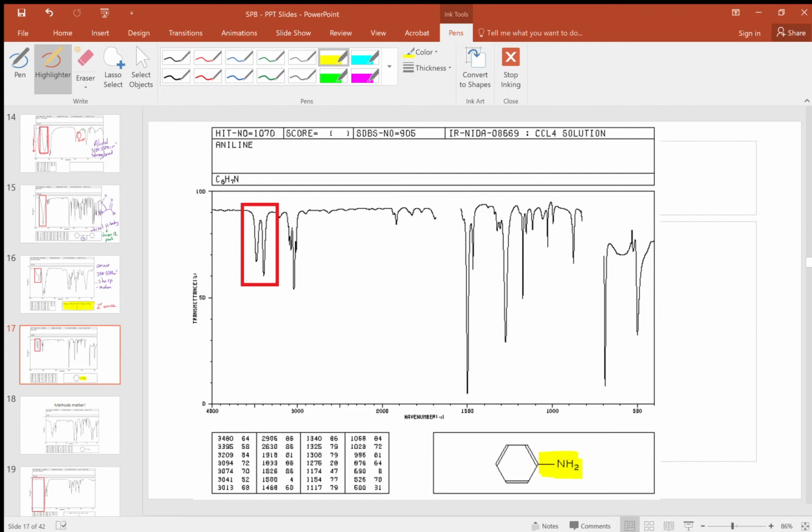And you should notice an immediate difference. The primary amine will almost always give us 2 peaks. Why is that?